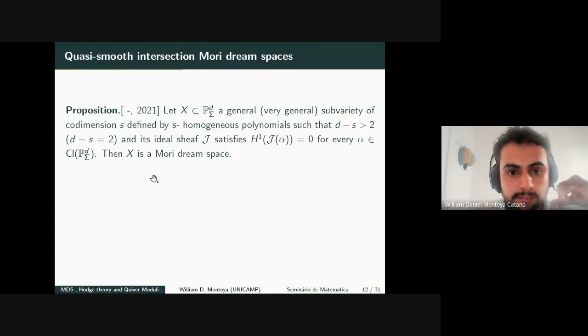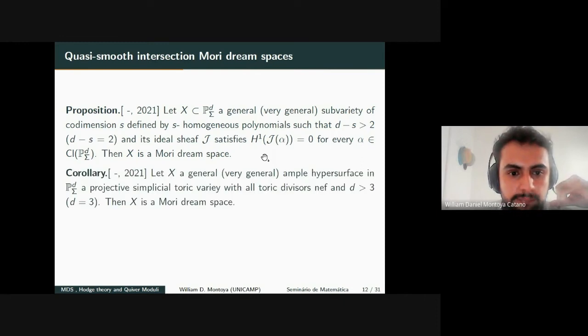Okay, but somehow this condition is very strong. But there is a way to guarantee this if you ask for conditions on the toric variety, for example, asking for all the divisors to be nef, that means they intersect every curve nonnegatively. And in these cases, you are also facing a Mori dream space.